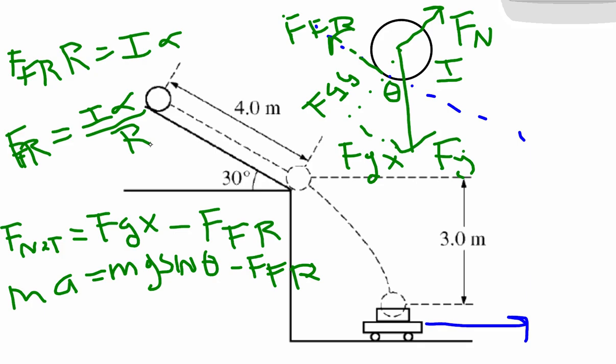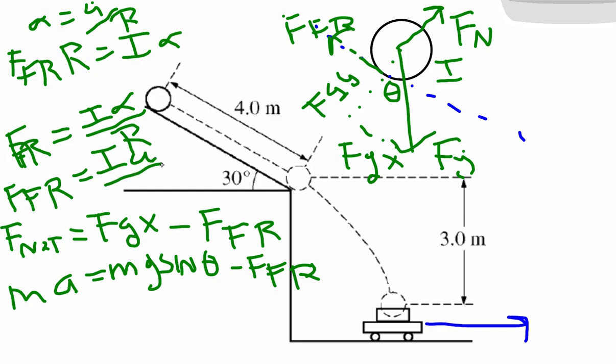We can substitute A over R for alpha, because we know that alpha equals A divided by R. So then our force of friction equals I A divided by R squared. So you can see it okay there. And then you can put that into, well, you see force of friction right there.